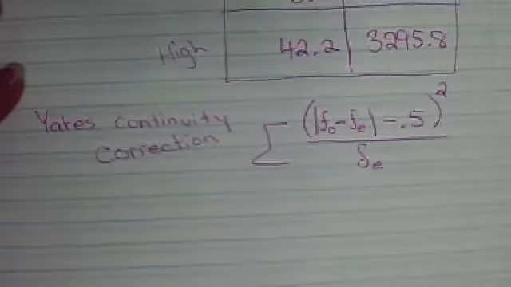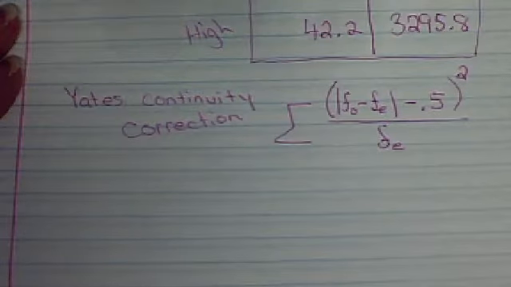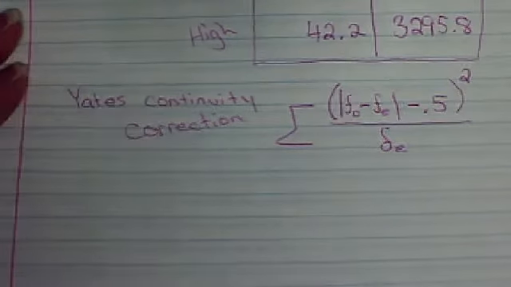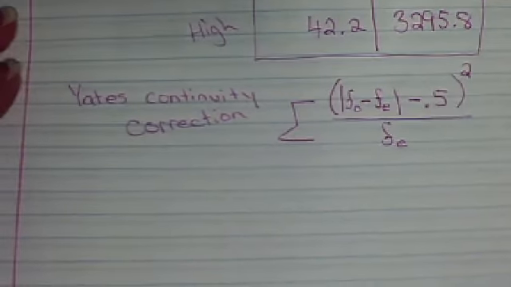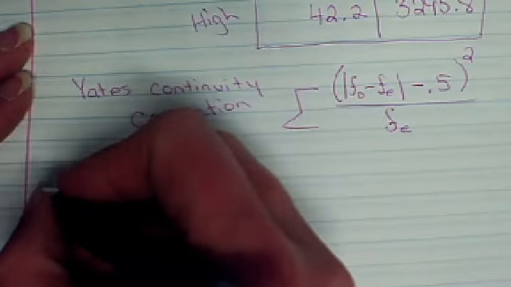Don't ask me why. There are people that actually argue about Yates continuity, whether it's valid or not. My question is not to ask why, but to do or die, to just do the work. And that's what we're going to do.